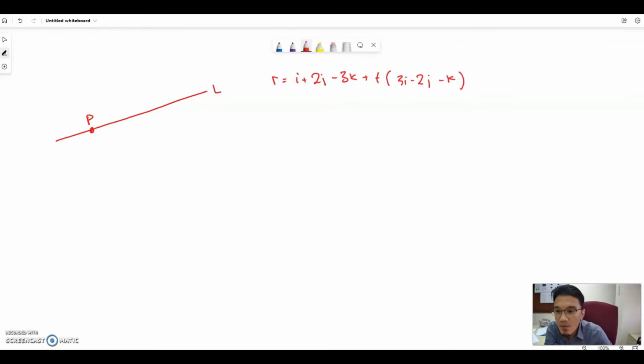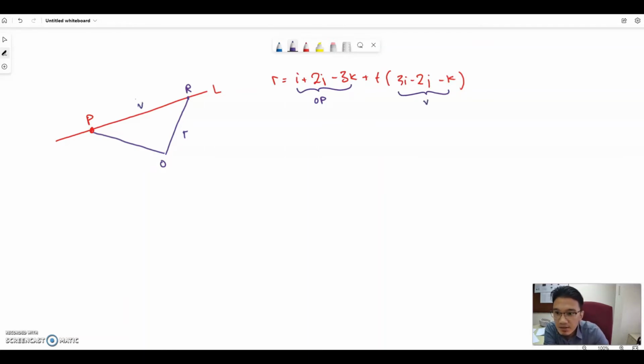Here r is a vector from the origin to any point along the straight line L, and OP is represented by this part of the equation, while this one is the vector v.